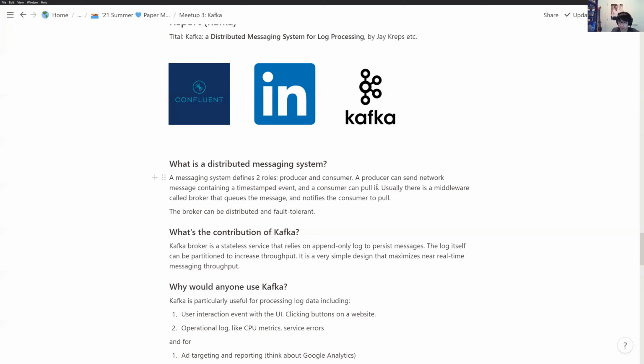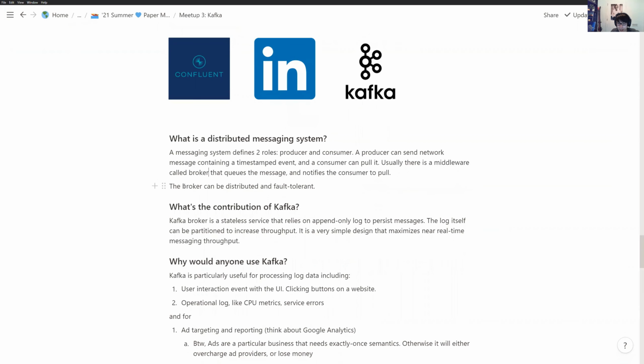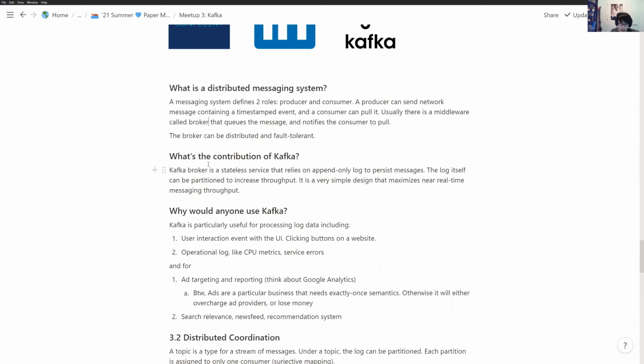And usually there is a third layer called a middleware between producer and the consumer. We call this middleware a broker or message broker. The broker can queue the messages and notify the consumer to pull those messages. The broker itself can be distributed and fault tolerant.